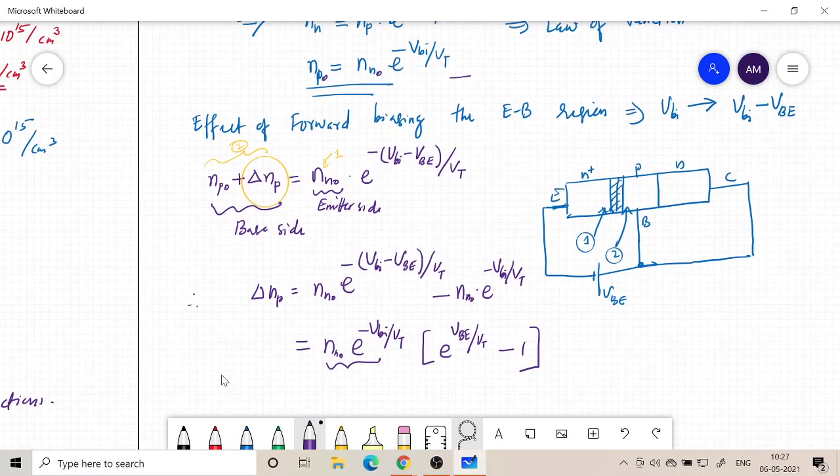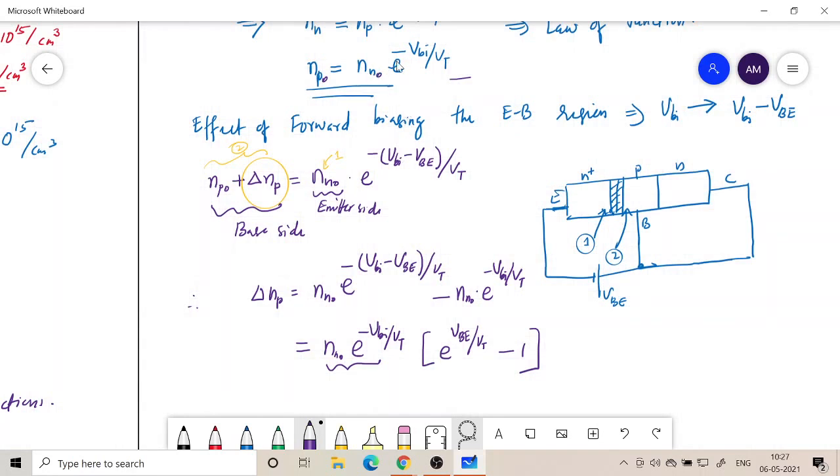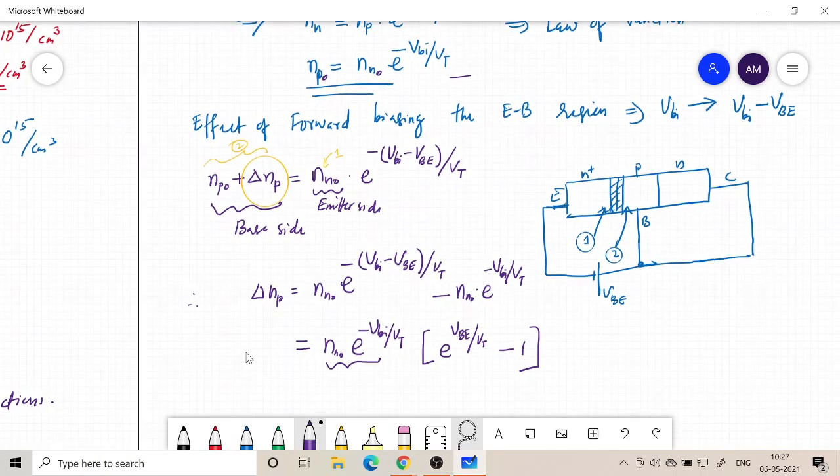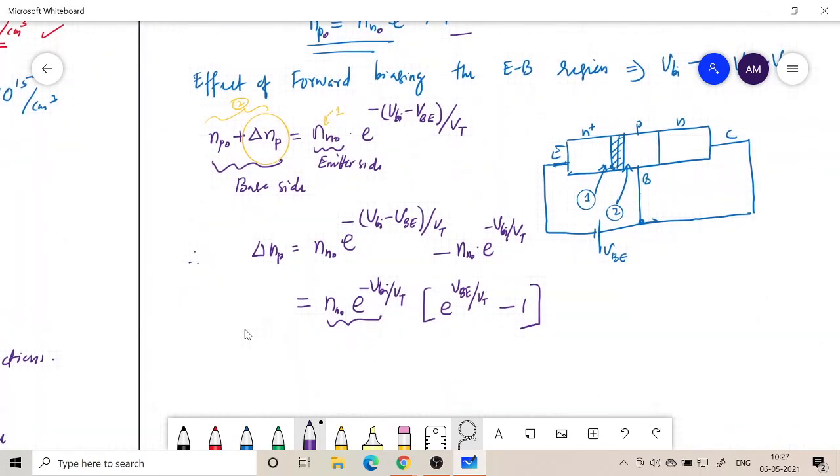So what is that quantity? Nn0 into e raised to minus Vb by Vt, I can write it as Np0. So that is the concentration before I applied the forward bias. So I can write it as Np0 into e raised to Vbe by Vt minus 1.